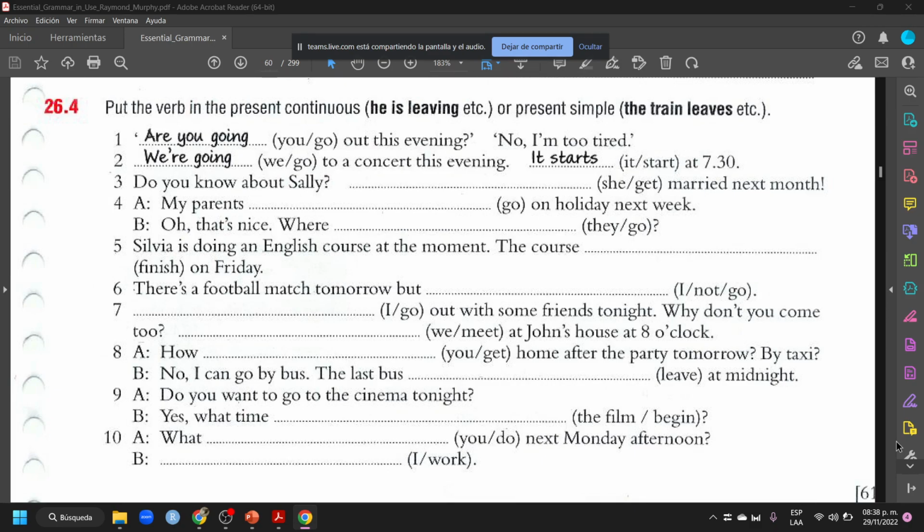Number 9: do you want to go to the cinema tonight? Yes. What time is the film beginning? In present continuous. Number 10: what are you doing next month afternoon?